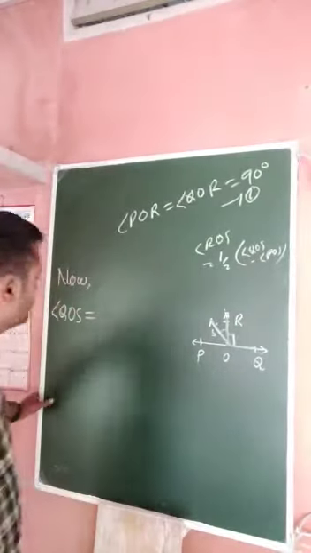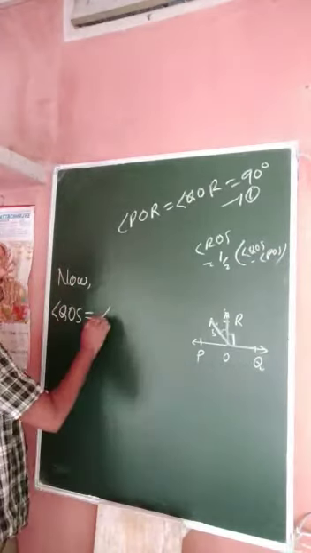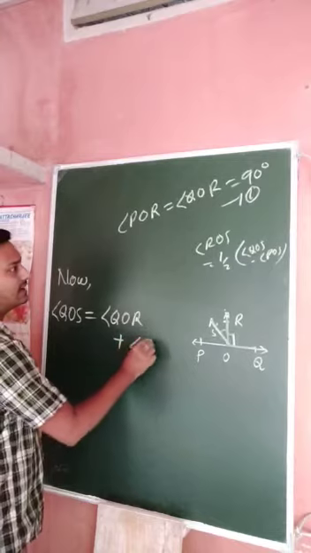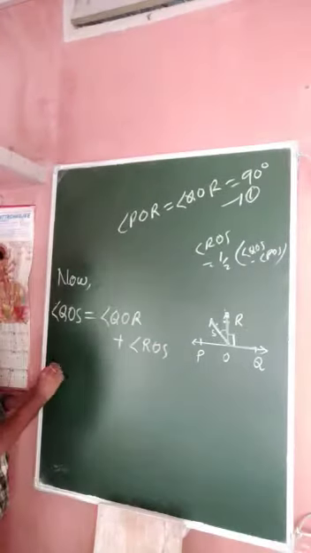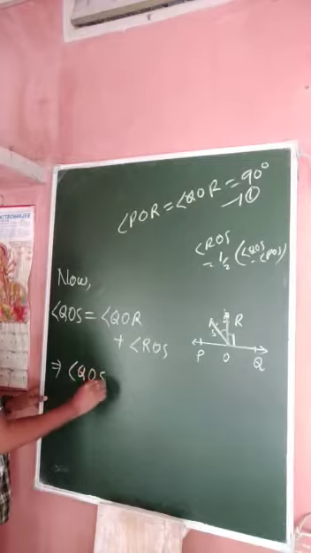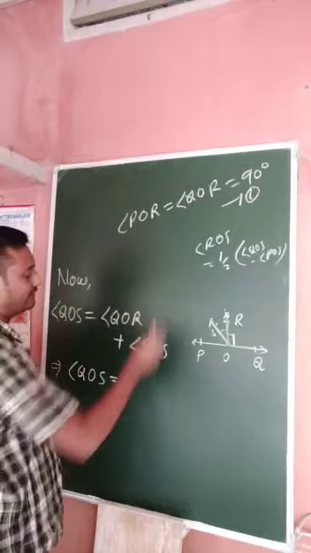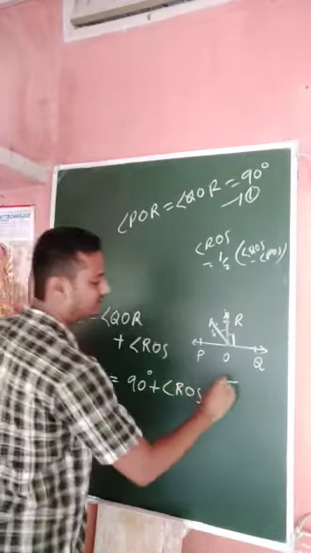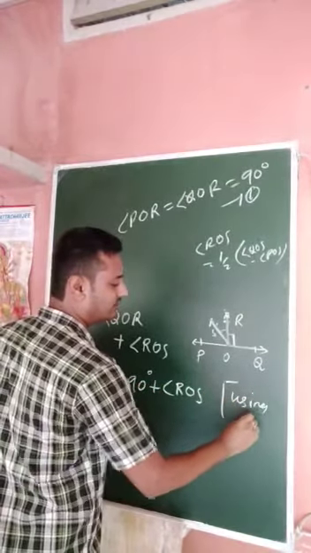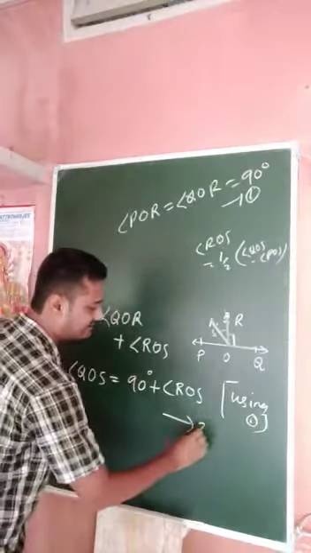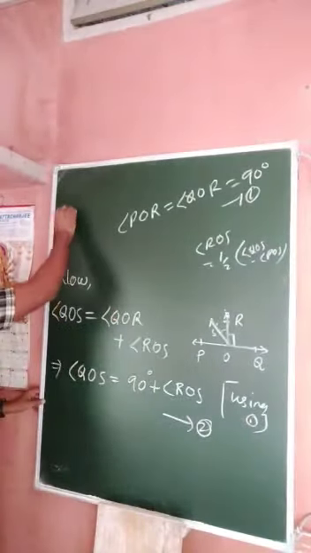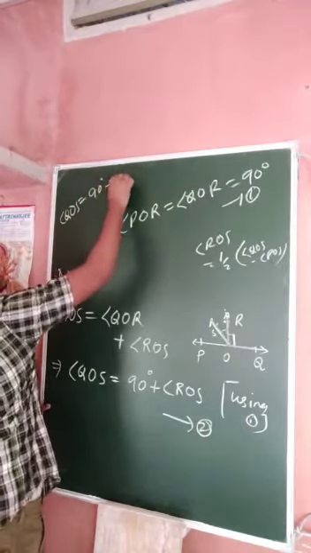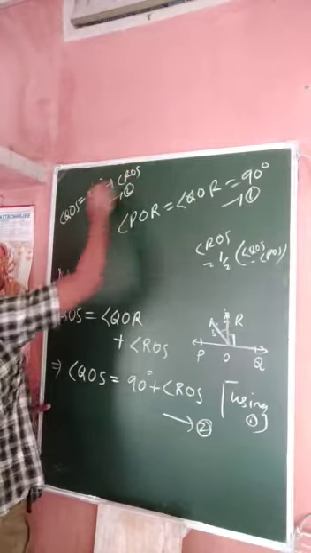Okay. So QOS, you can write angle QOR plus angle ROS. Now angle QOR you can use the value 90 degree. 90 degree plus ROS, just write in bracket using 1 and you give this as mark 2. So QOS is equal 90 degree plus ROS. This is equation number 2.